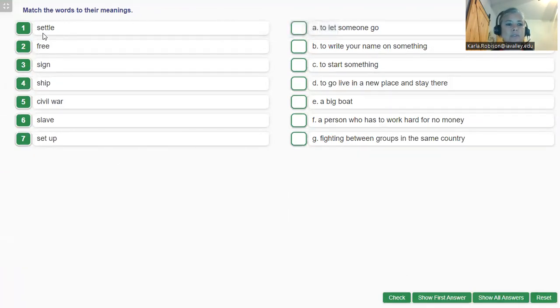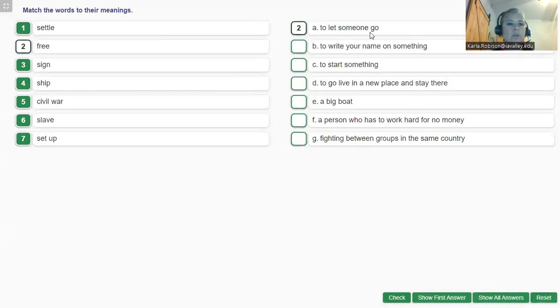So we have settle, free, sign, ship, Civil War, slave, set up. So we have to match these words to the correct definition, okay? To let someone go, that we are going to free them.